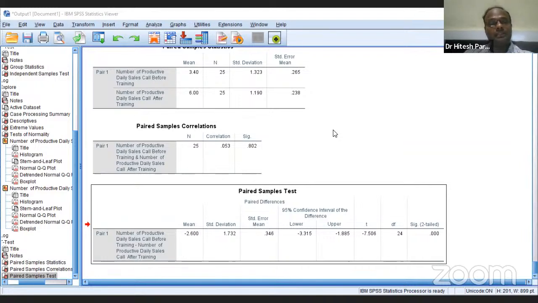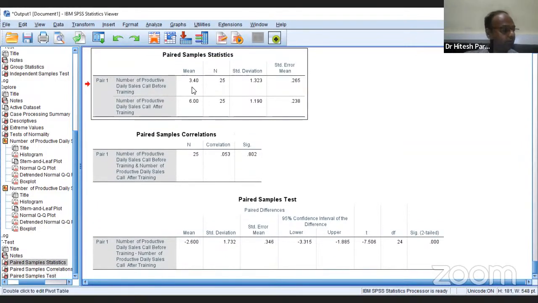Suppose after training the mean becomes 1.1, then also your p-value may go less than 0.05, right? So a p-value does not always indicate significant improvement. For that, you need to check the mean value and then confirm whether it is according to your objective or not.